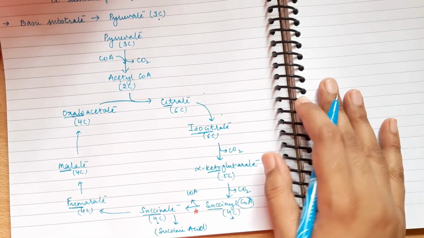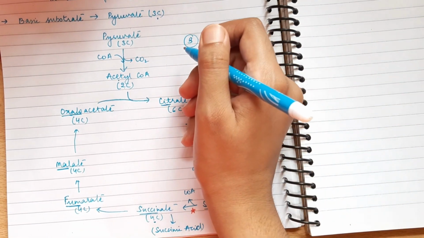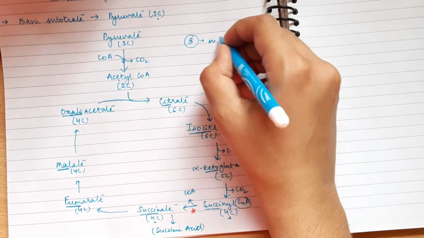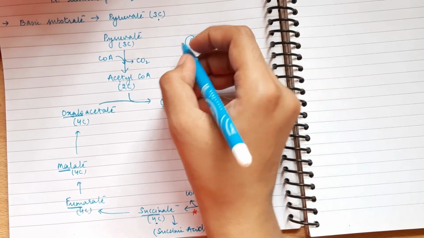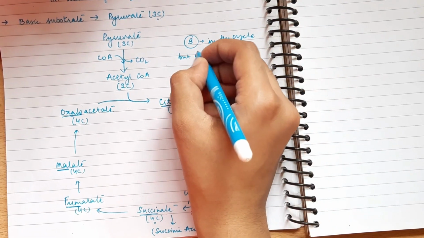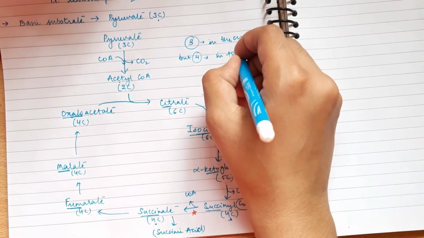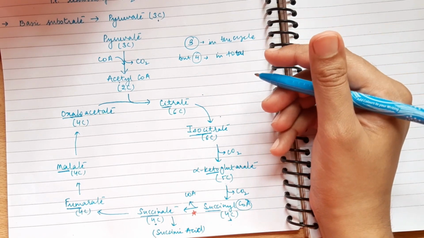Now, in the cycle at 3 places, NAD plus is reduced to NADH plus H plus. So, like inside the cycle, there are 3 places. But from pyruvate to when you enter the cycle, in total there are 4 places when NAD plus is reduced to NADH plus H plus. Alright.